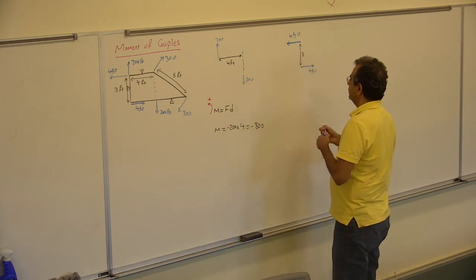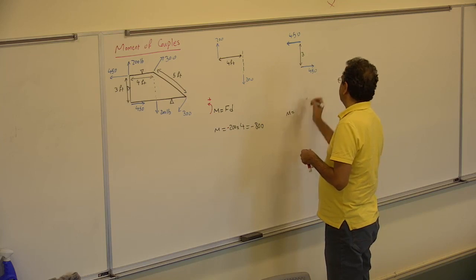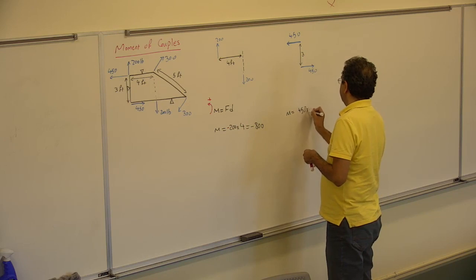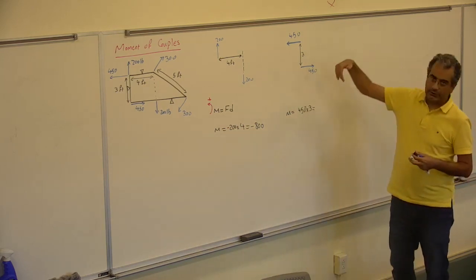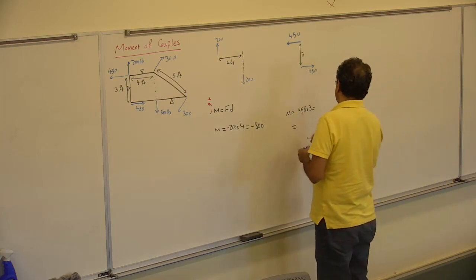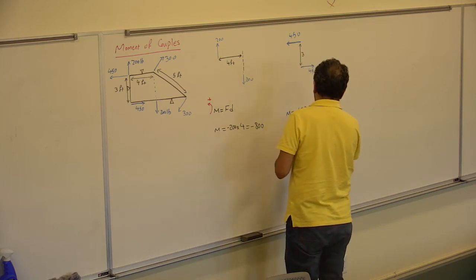And so the moment would be one of the forces times the distance, so 450 times 3, positive 1,350. So it rotates counterclockwise, so it's going to be positive. How much is that? 1,350. Positive.